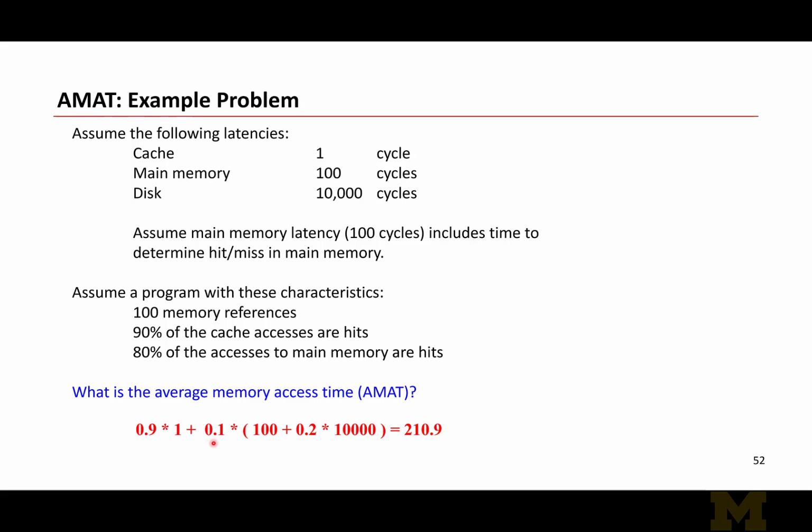Now of the 10%, some fraction of them would have to go to the disk, and that fraction is defined by the miss rate in main memory. So the miss rate is computed as 1 minus 80%, which is 20%, so that's 0.2 times the time it takes to access the disk, that is 10,000. So if you compute this equation, then you get the answer.